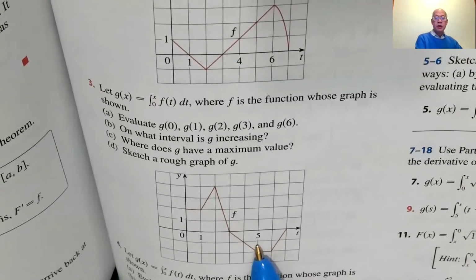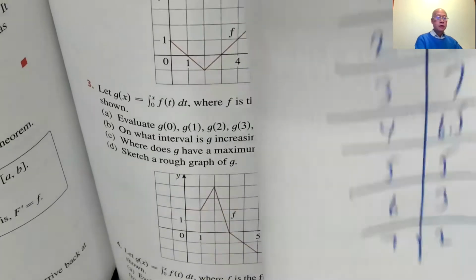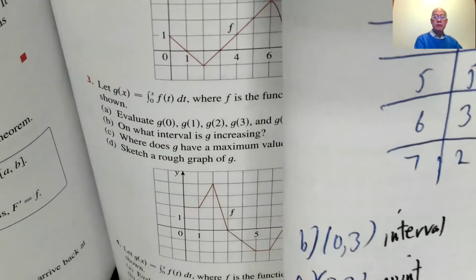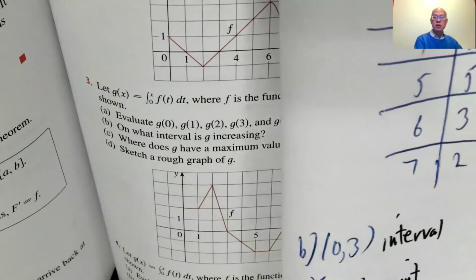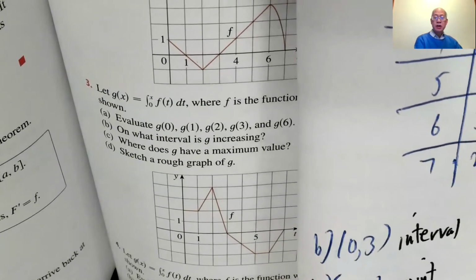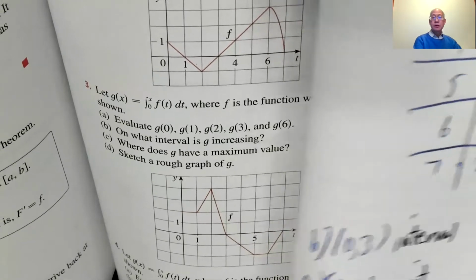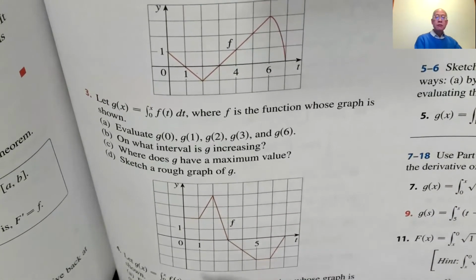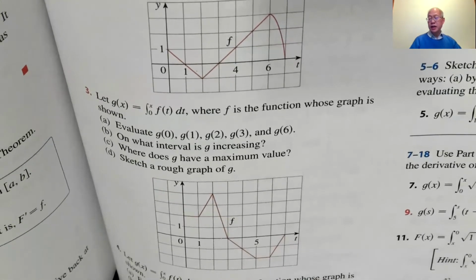I drop another 1.5, so 5. And then between 5 and 6, I drop another 2 units, to 3. And between 6 and 7, I drop another 1 unit, so it becomes 2. Remember, anything below the x-axis is counted as a negative.